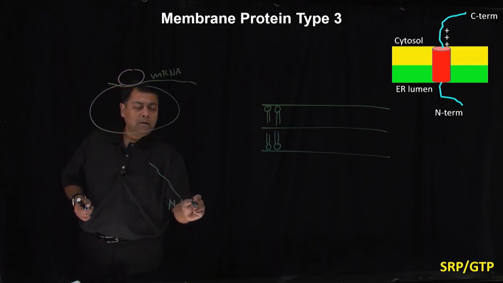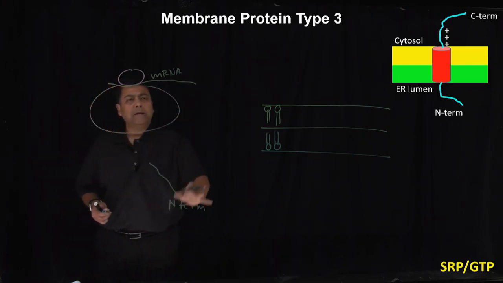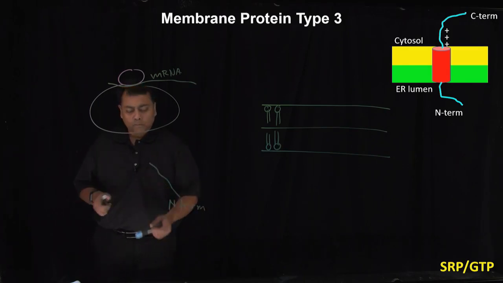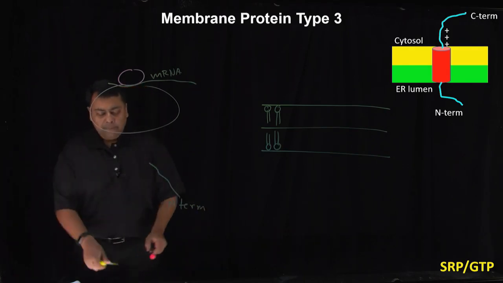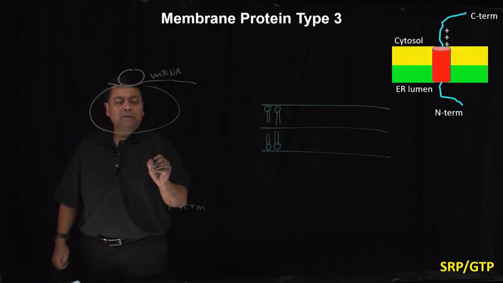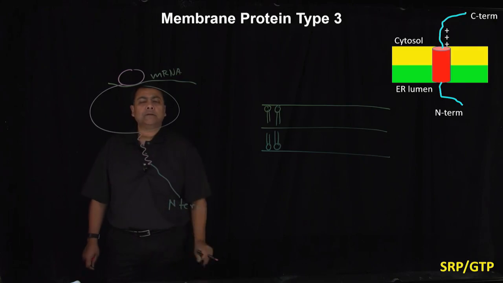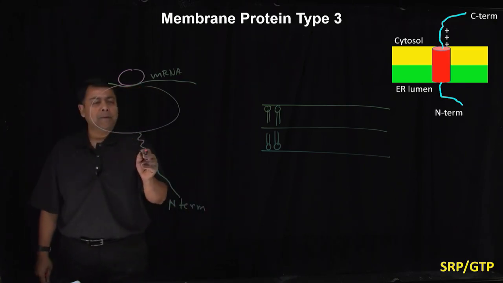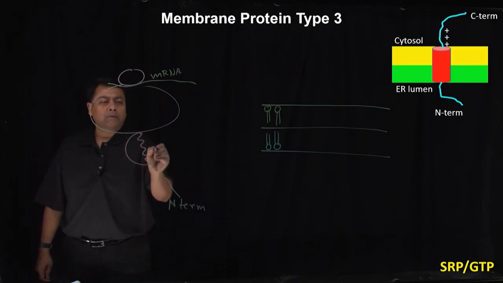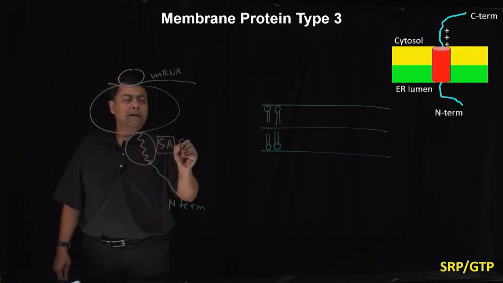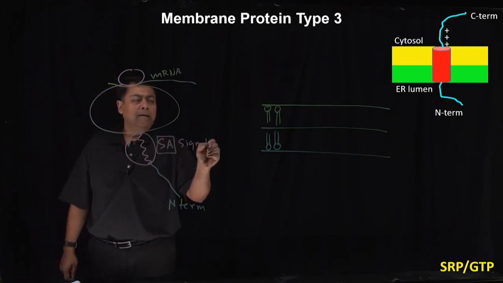So the N-terminal is coming out. This is happening in the cytosol, and before that, there is no signal. But after that N-terminal, this transmembrane hydrophobic signal appears. As you remember, we will call this an SA sequence, which is again the signal anchor sequence.